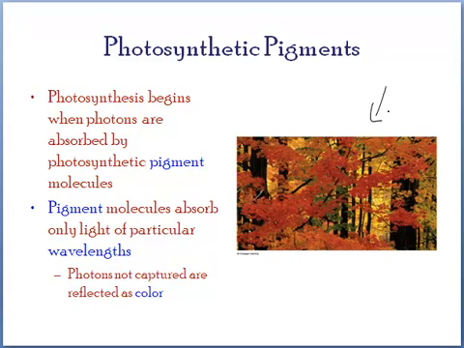When that breaks down, some of the other color pigments present in the leaves start to be more visible, and that is why the leaves get this color of rust and yellow and fiery orange and so forth. So those are all the different pigments that are present along with the green pigment. But the green pigment during the fall season is less in number because it starts breaking down.